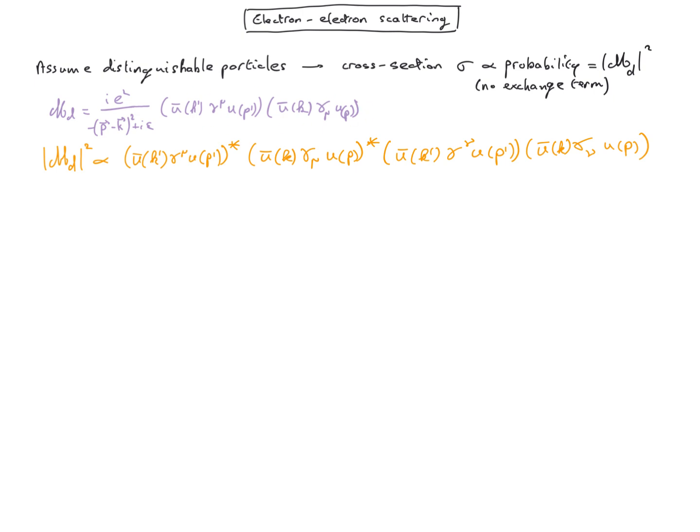Note that I have to change the Lorentz index, so if initially I had mu, for the second term I need to have another Lorentz index and I choose nu. So let's look at one of these terms. Remember some basic properties of spinors and gamma matrices.